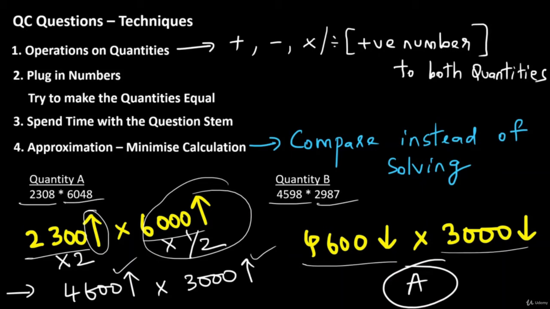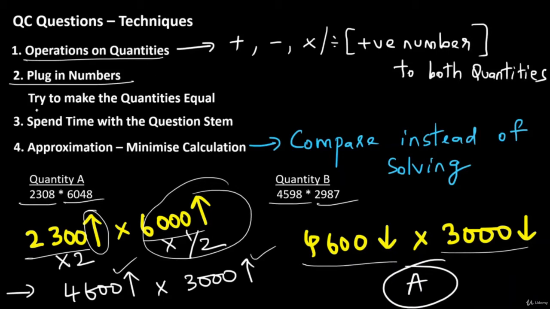Now let me quickly summarize the 4 techniques that we have discussed over here. Try to perform operations on the quantities and simplify the quantities so that you can easily establish which quantity is greater. Now plugging in numbers is a very useful technique. It directly eliminates 2 options, but the disadvantage of plugging in numbers is you cannot be certain unless you get 2 contradictory scenarios.